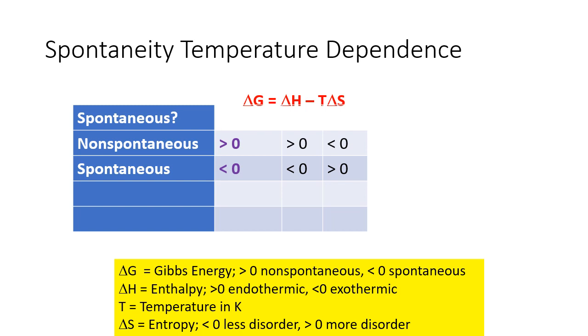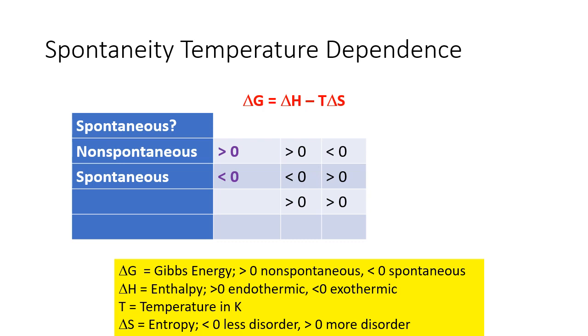Now, the next two cases are the in-between. What about an endothermic system in which entropy is increasing? In this case, sometimes you'll end up with a positive number, and sometimes you'll end up with a negative number for Gibbs energy, depending on the temperature. If the temperature is high, it will be spontaneous, because at high temperatures, the entropy increase will overcome the positive enthalpy change.